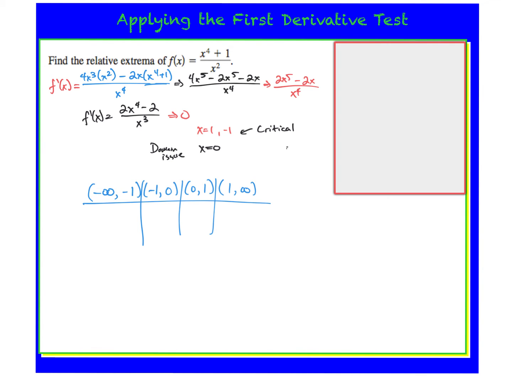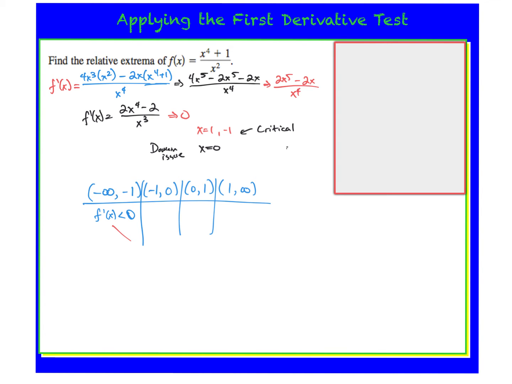All right, so let's test something on the interval negative infinity to negative 1, like negative 2 sounds great. So if I substitute in negative 2, what will my numerator be, positive or negative? Positive. What will my denominator be? Negative. So I end up with f prime is less than 0. And I like to do a little dashy dash. All right.